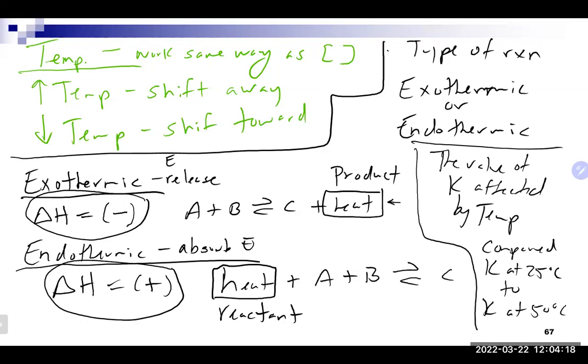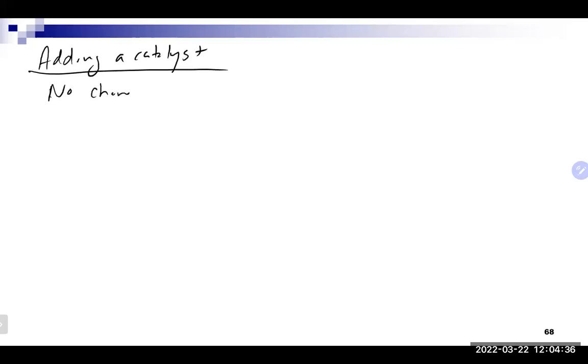The last thing that sometimes is included with Le Chatelier's principle is adding a catalyst. As we talked about, in terms of Le Chatelier's principle, it really will have no change. You'll just get there quicker.